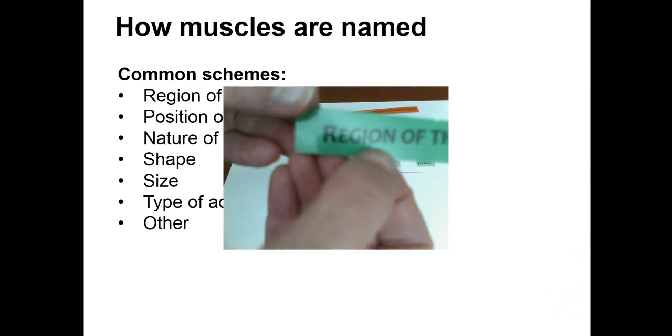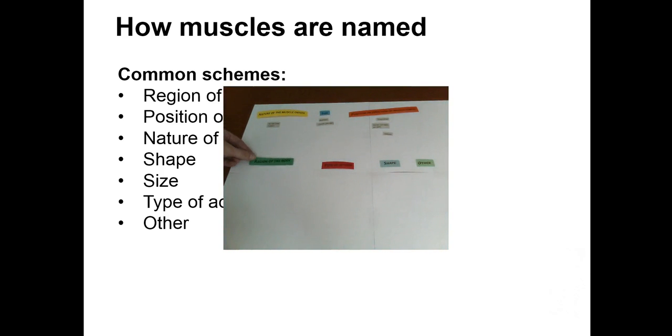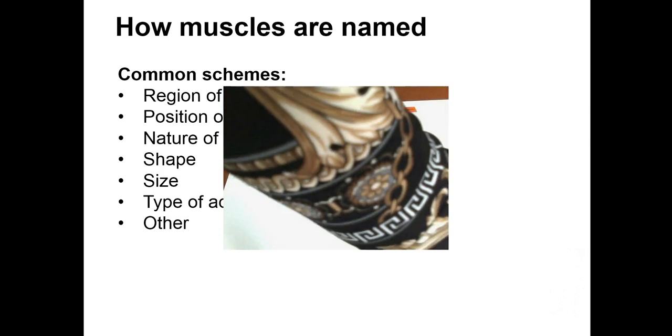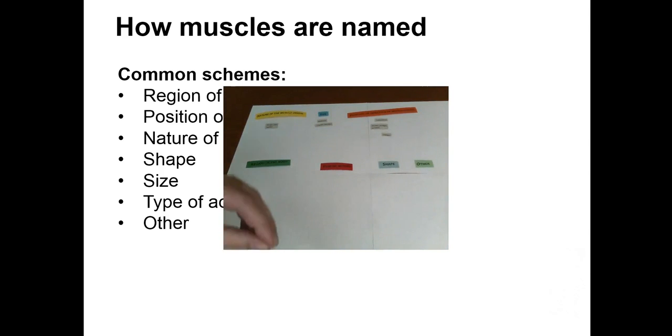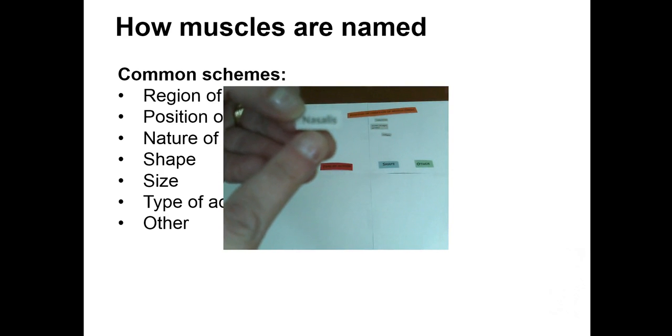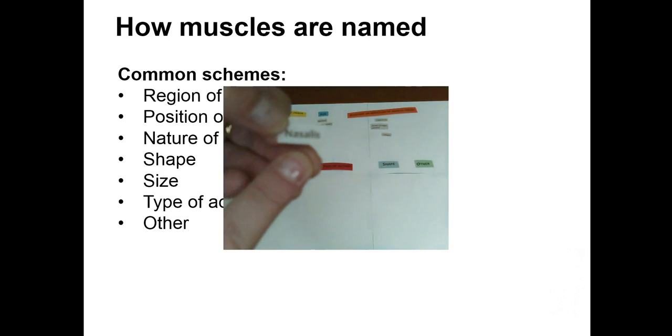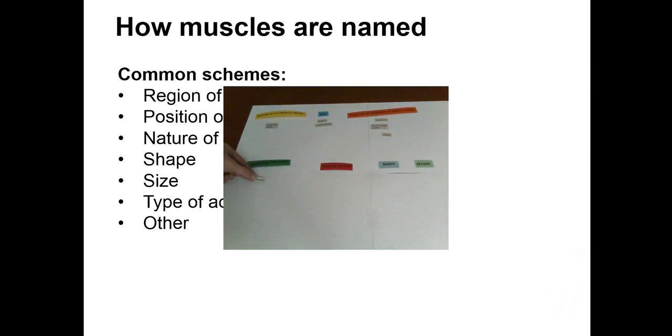Now this one here says region of the body. Okay. And so what are some examples? Well, let's say that you see the name here, nasalis. All right. Well, nasalis, where do you think that is? Probably nasal is the word you think of. So nose, and absolutely that would be the region of the body.